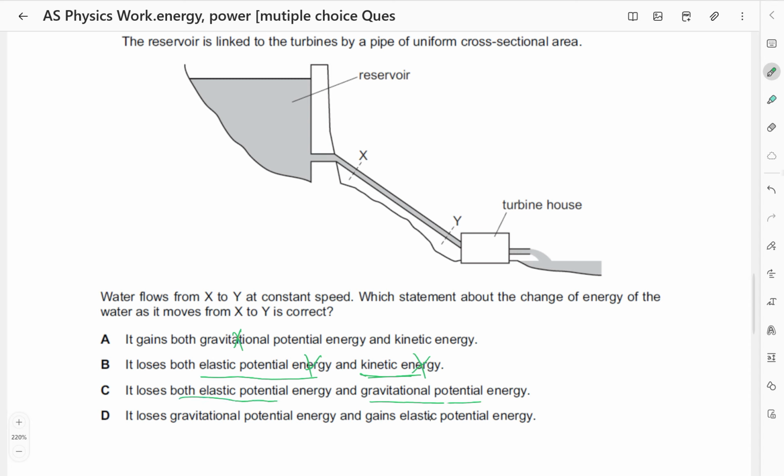It loses gravitational potential energy, which is true because of the change in height, and is going to gain elastic potential energy. That means our answer is most likely D, because the rest are not making good sense at all. Although it is confusing how the water gains elastic potential energy, the only answer which is making sense is D.